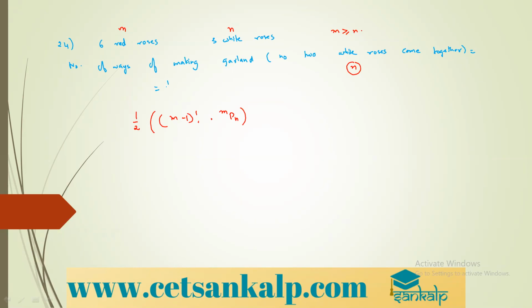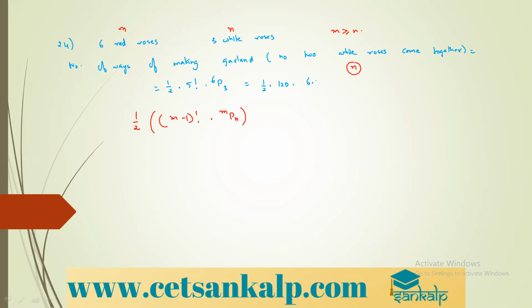So I will have half into (6 minus 1), 5 factorial into 6P3. 5 factorial is 120 into 6P3.